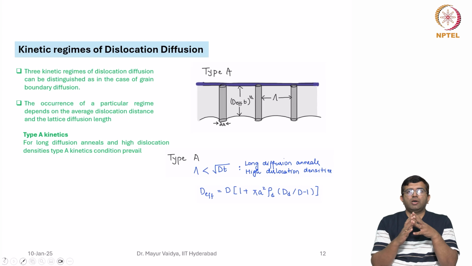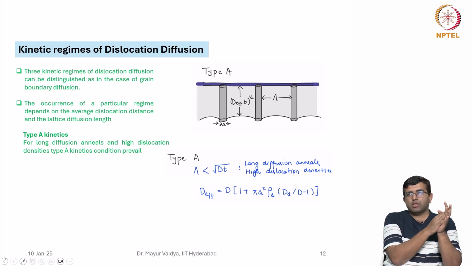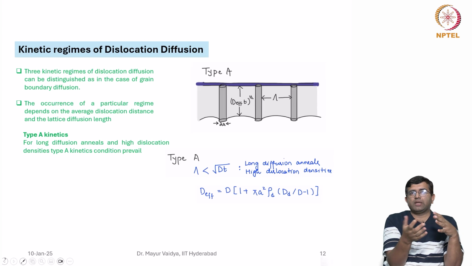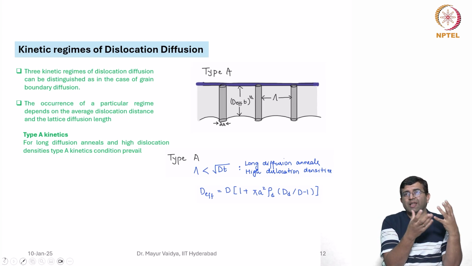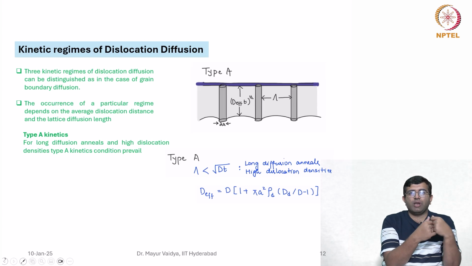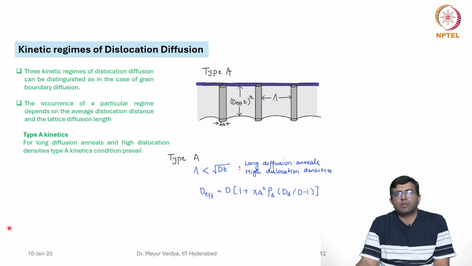Now again, although we are definitely interested in the mean concentration, an even more practical thing for us to consider is what are the kinetic regimes of diffusion. So like the case of the grain boundary, we also have the Harrison's regimes for the dislocation diffusion as well, and the fundamental concept is similar, that the occurrence of a particular regime depends on the average dislocation distance and the lattice diffusion length.